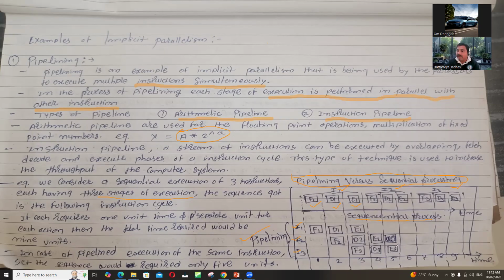So the five operations will be executed in 1 unit. This means multiple instructions work simultaneously with multiple operations. This is implicit parallelism.